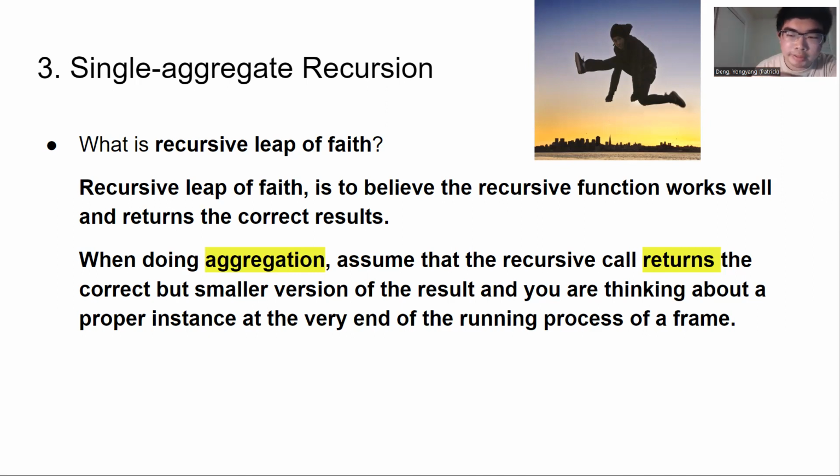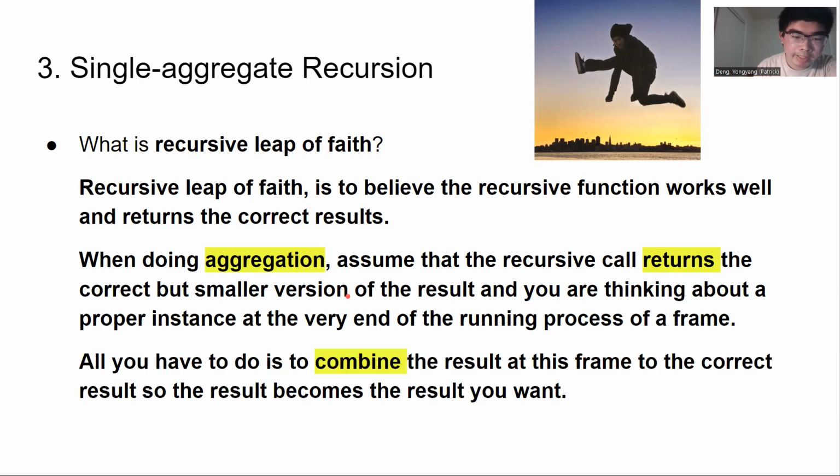All you have to do is combine the result at the frame with the correct output of the smaller version of the problem, so that the result can be the result you want.